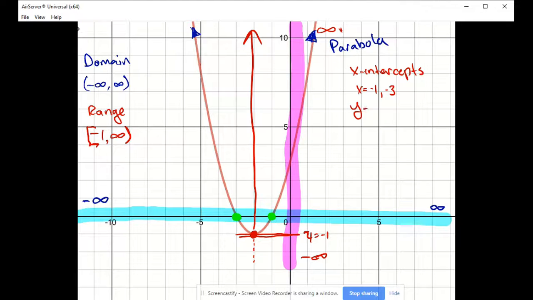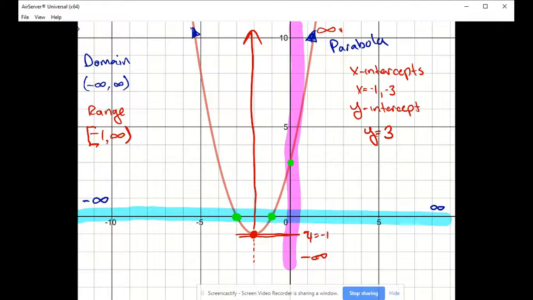Then our y-intercept, and we'll only ever have one y-intercept. If we have more than one y-intercept, it's not a function, because that would mean we would have two y values for x equals 0. So where our graph crosses the y-axis is where that y-intercept is located. And so our y-intercept is located at y equals 3. There's our intercepts.